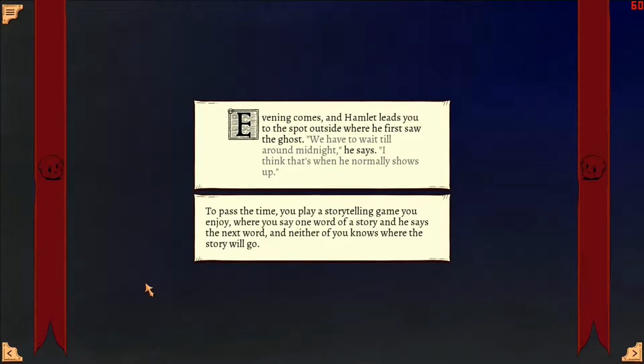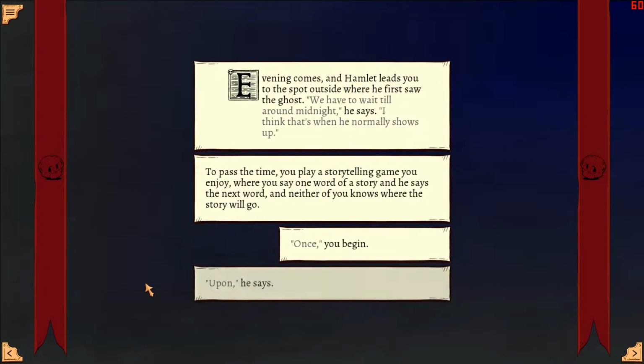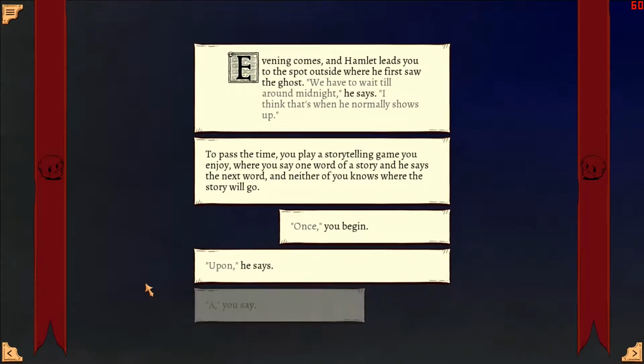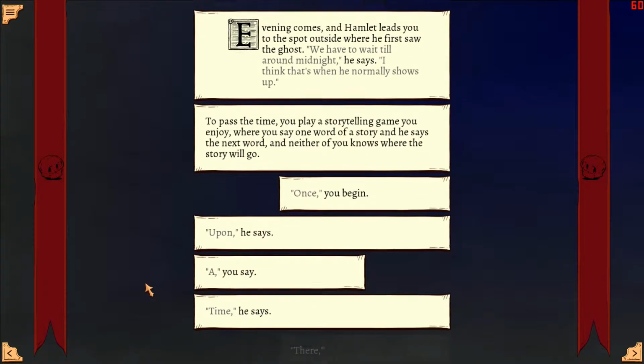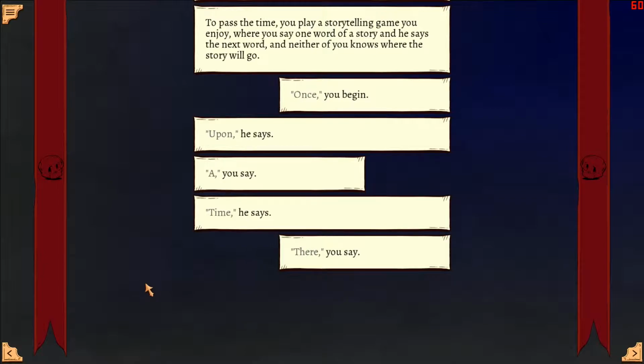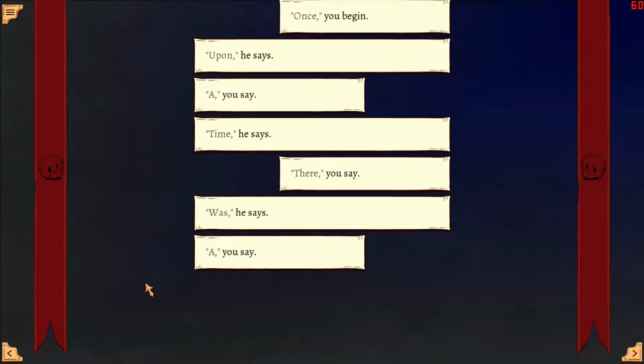"Once," you begin. "Upon," he says. "A," you say. "Time." "There," you say. "Was," he says. "A," you say. "Beautiful," he says, looking at you. You smile.